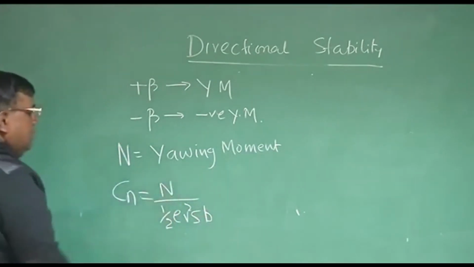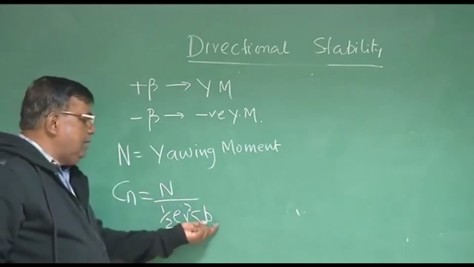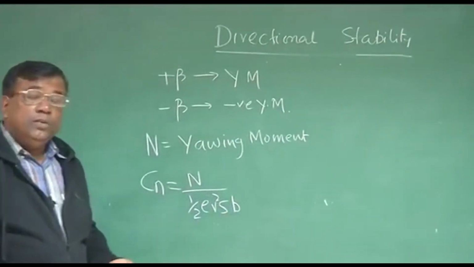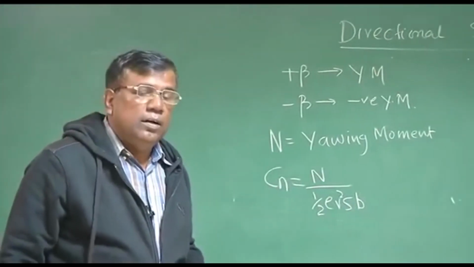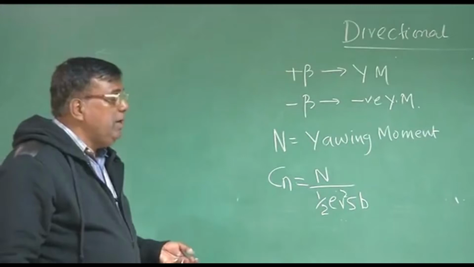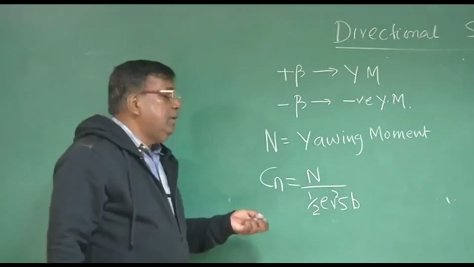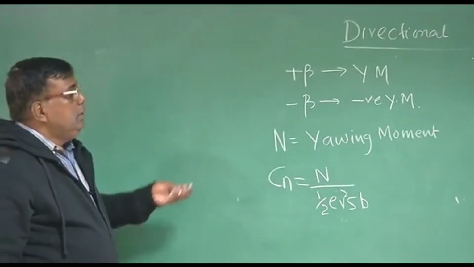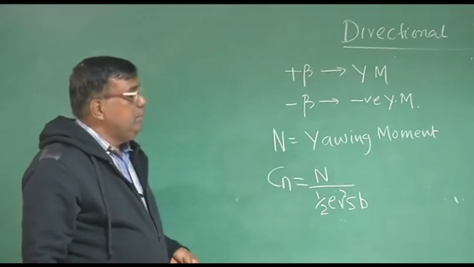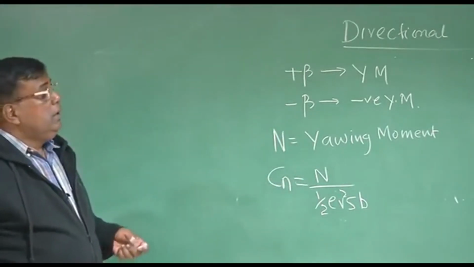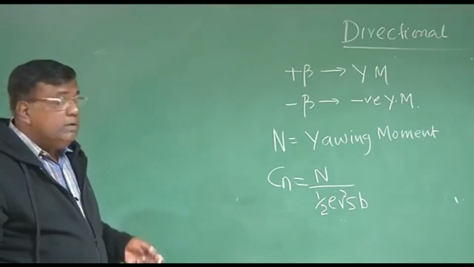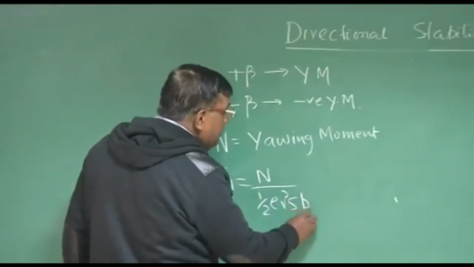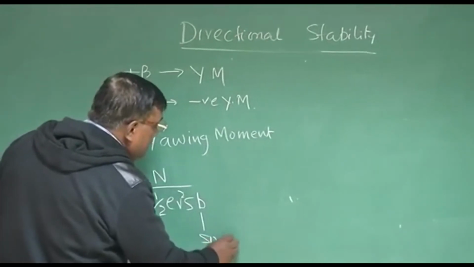See, this is moment, so this is the force and this is the length term. For longitudinal case, we are using mean aerodynamic chord as that length to be used for non-dimensionalization. We are using c bar as a length to non-dimensionalize pitching moment, but for non-dimensionalizing yawing moment or roll moment, you will see we will be using b, that is the span of the wing, right?